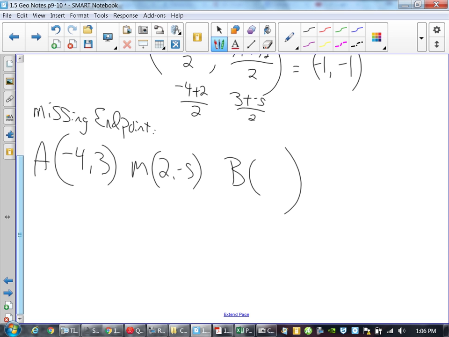If that +2 and 5 was the halfway spot, remember you'd have to go just as much further past it to get to the ending spot. So from -4 to 2, you go up or down? How many? What's 6 plus 2? From 3 to -5, you go up or down? How many? So what's 8 less than -5?